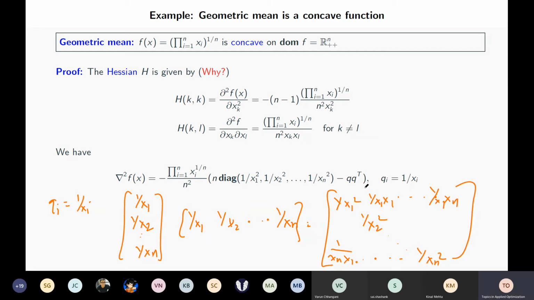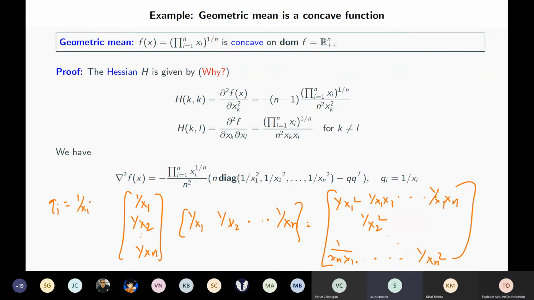Now do you see this n minus 1? How is this n minus 1 being fixed here? What we have taken common, why should we end up with n minus 1 here? For diagonal values, the Q Q transpose term will be 1 by xi square.